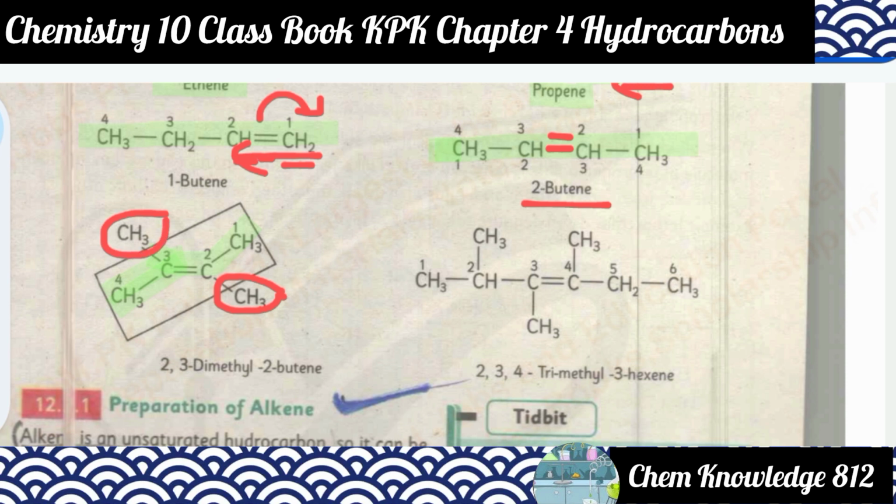So the chain is of 4 carbon atoms, 1, 2, 3, and 4. So we can say that this is 2,3-dimethyl-2-butene, because the double bond is on carbon number 2. So this is the 2,3-dimethyl butene.